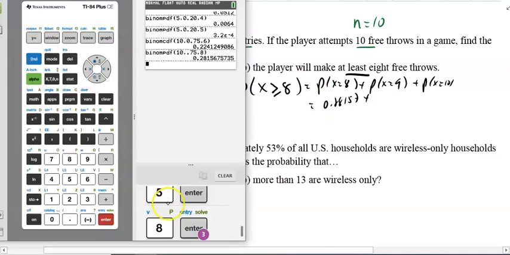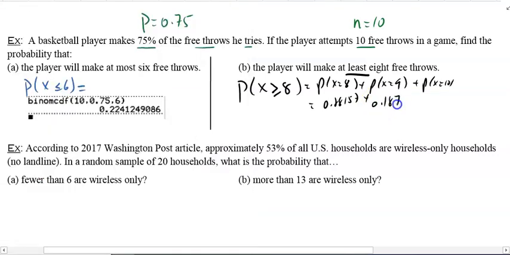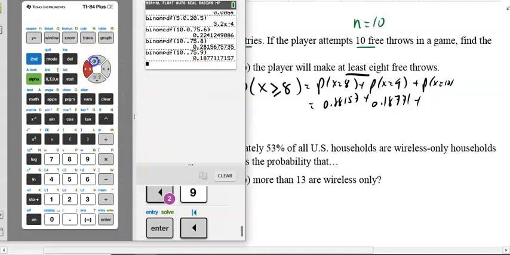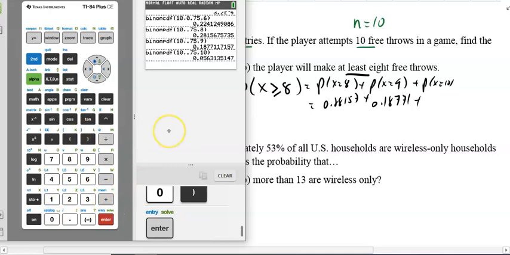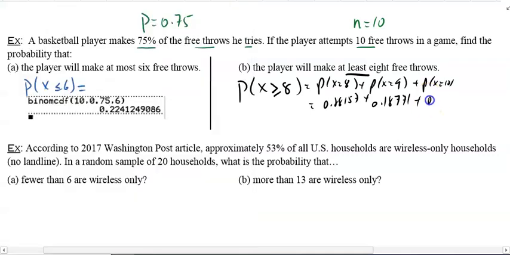Plus, if I go to 9, I'm just going to go back, even though that might seem like not a lot of work, which it's not really. 0.18771. Plus, and I go for 10, I go back, and of course that's not what we want you to do, but 0.056313.